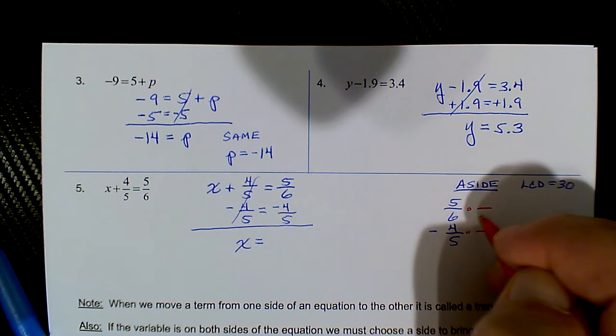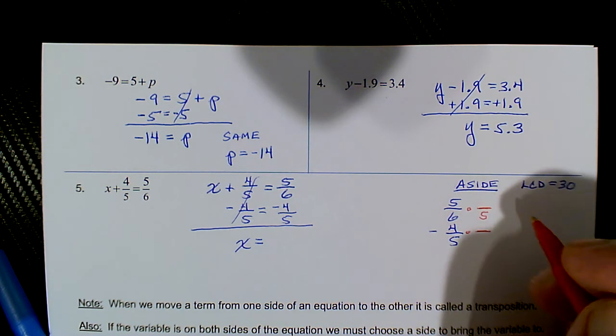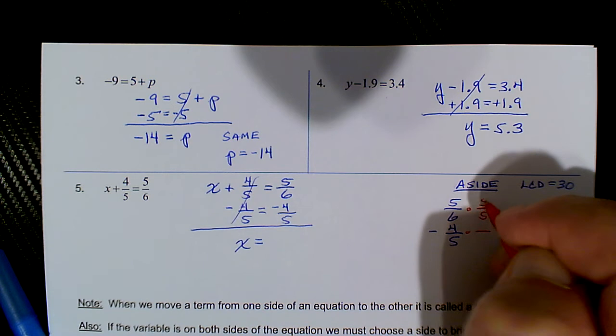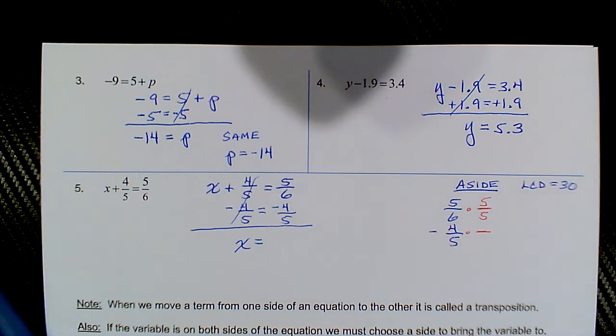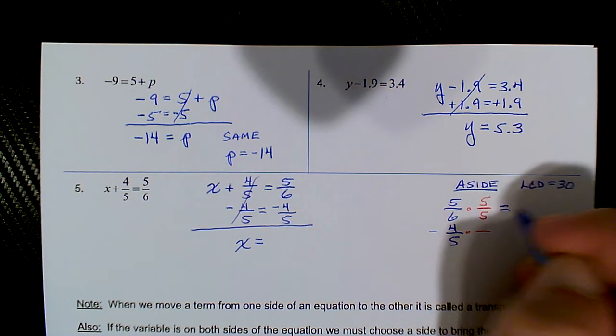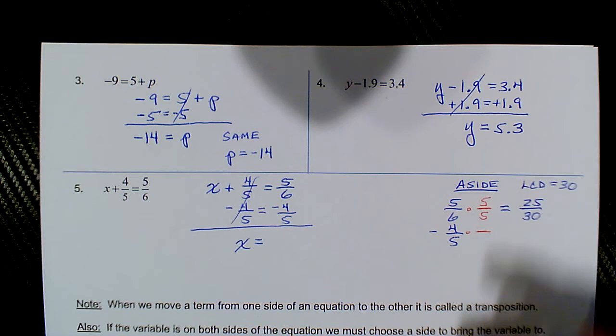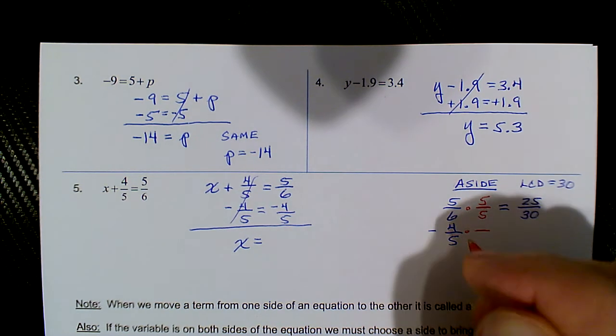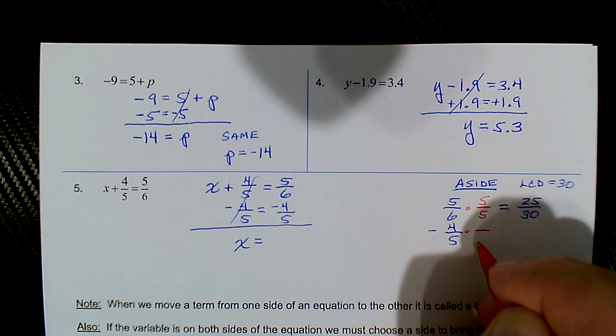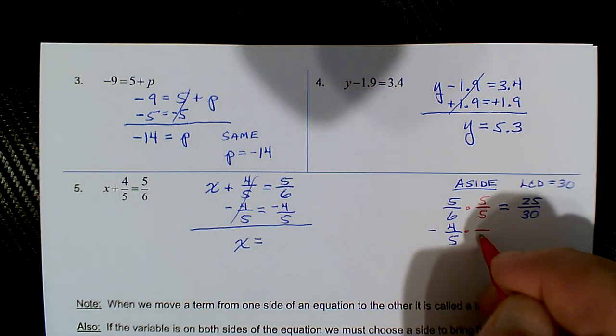In the first one, 6 times 5 will give us 30, so we'll multiply numerator and denominator by 5 to give us 25 over 30. And we have to get the denominator of 30 here, so 5 times what is 30? That would be 6.